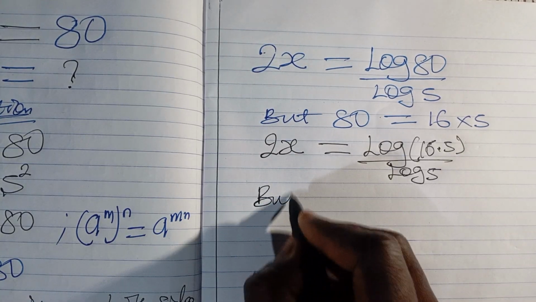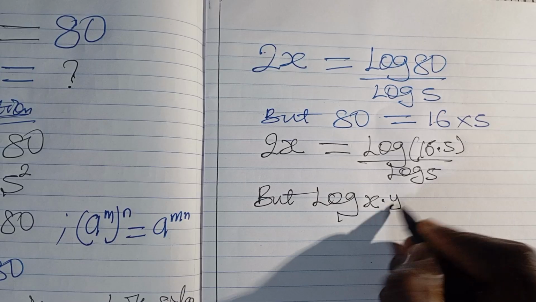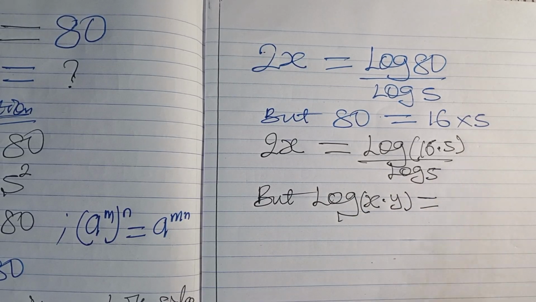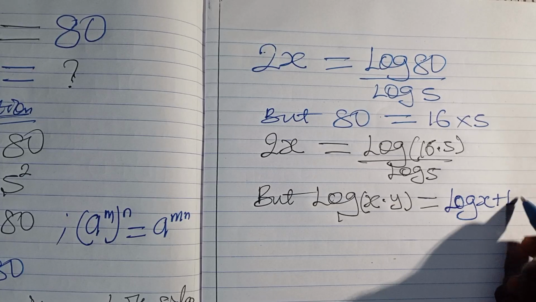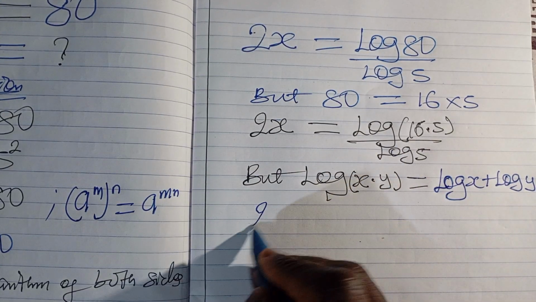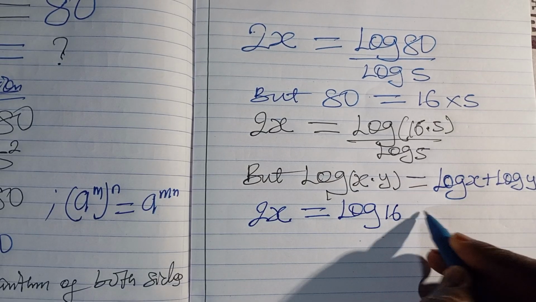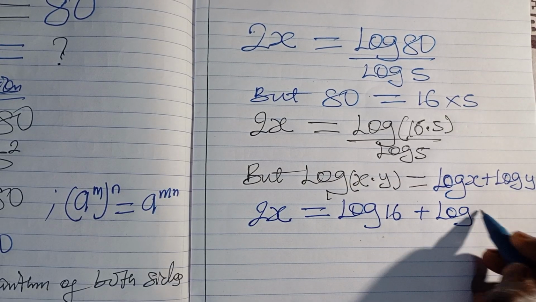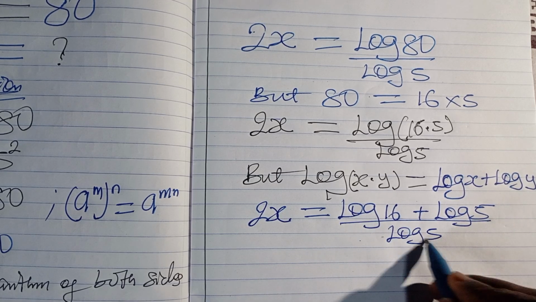But log x multiplied by y is the same as log x plus log y. Let's apply it in the numerator. We have 2x is equal to log 16 plus log 5, divided by log 5.